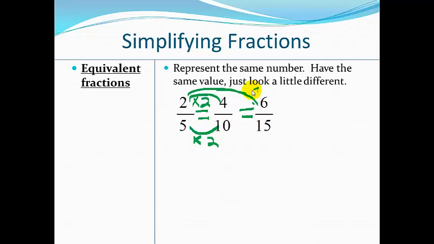Yep, 2 times 3. And then whatever I do to the numerator, I have to do the same to the denominator. So then 5 times 3 gives me 15. So we can say that all of those are equivalent. I'm going to go ahead and erase those. So these all equal. They all have the same value, but they just look a little different.